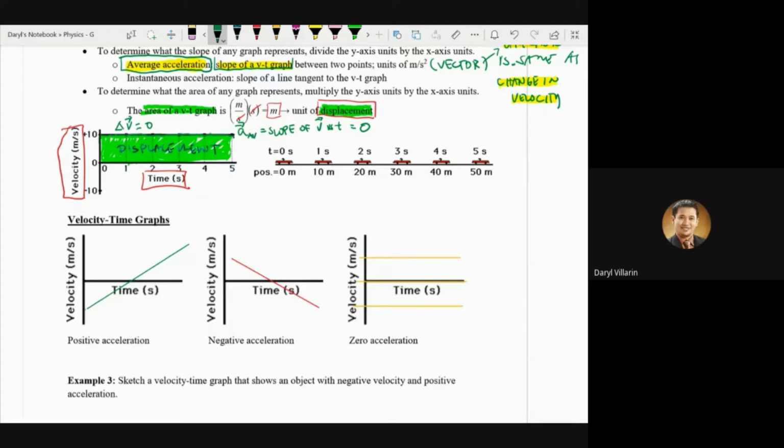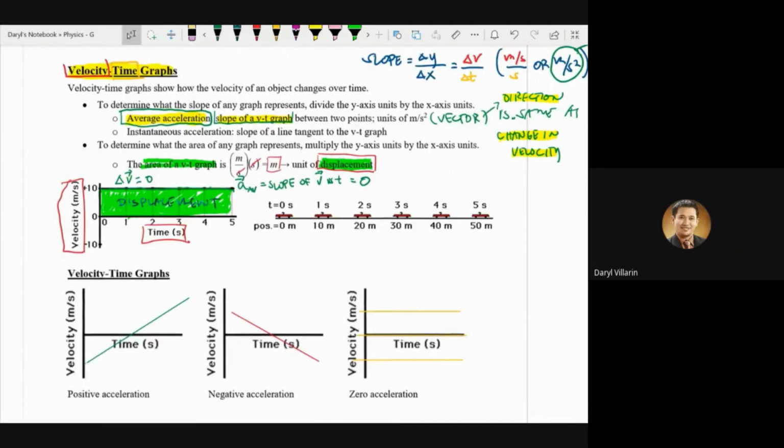But just try to make sure that you somehow clearly have an understanding on the difference between delta v and just talking about the velocity of the object. Because by definition, if you can see here, from the slope itself, acceleration is the change in velocity over time. So there must be a change in velocity so that the acceleration is not equal to 0.